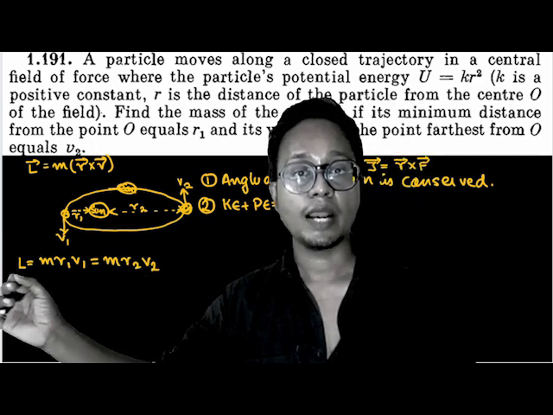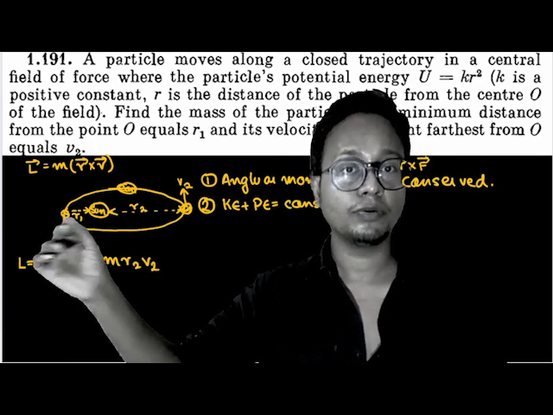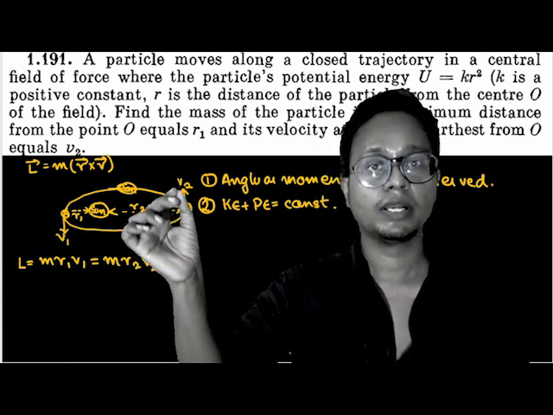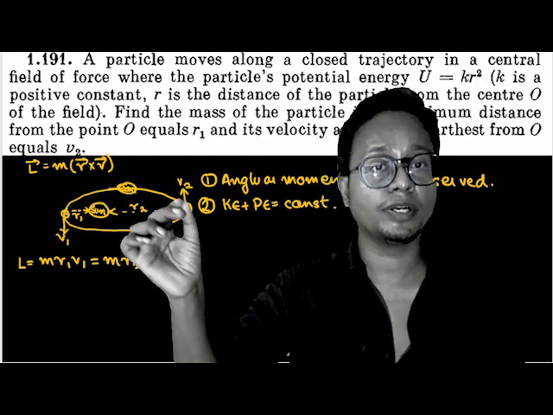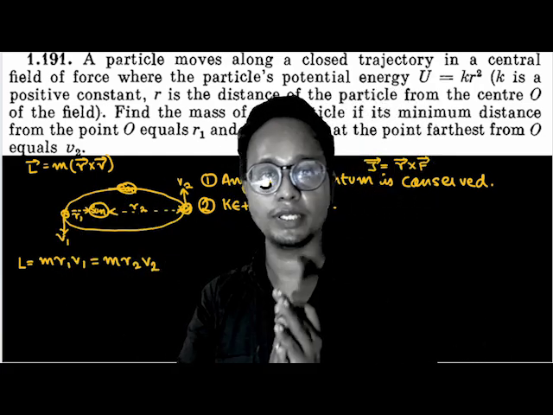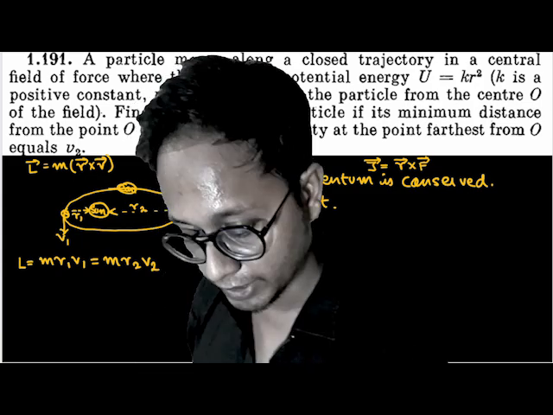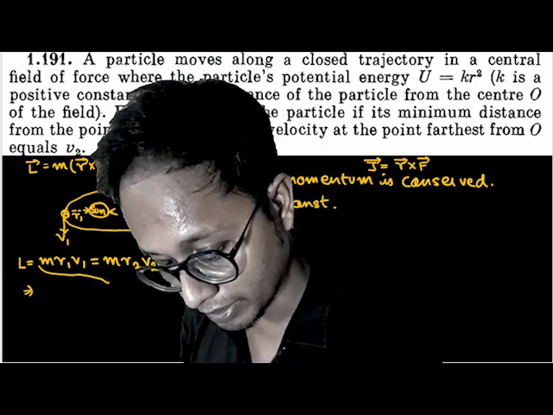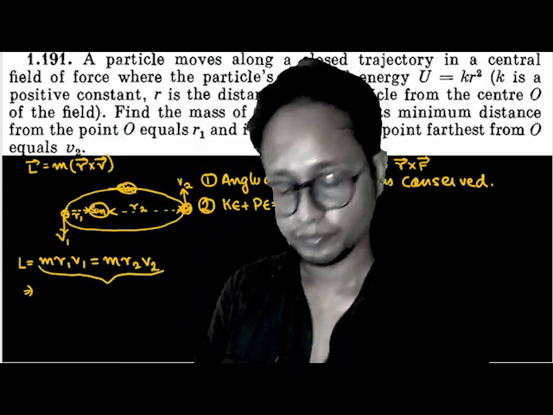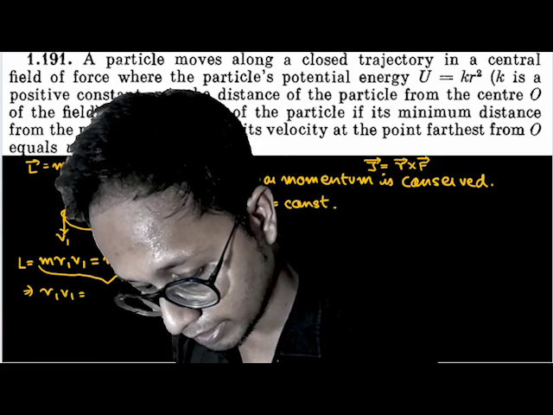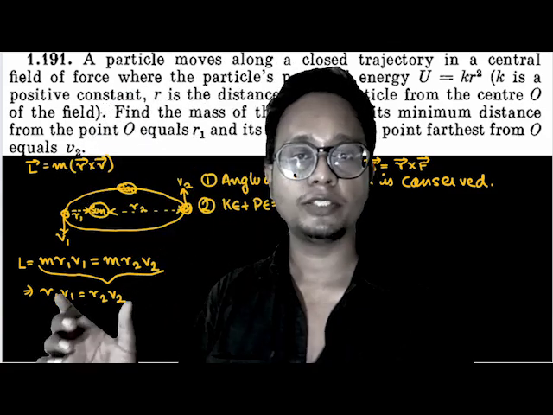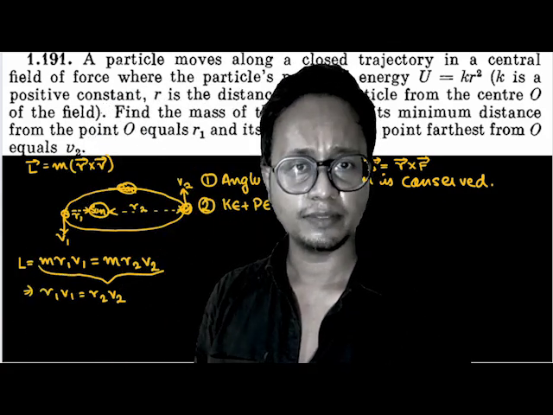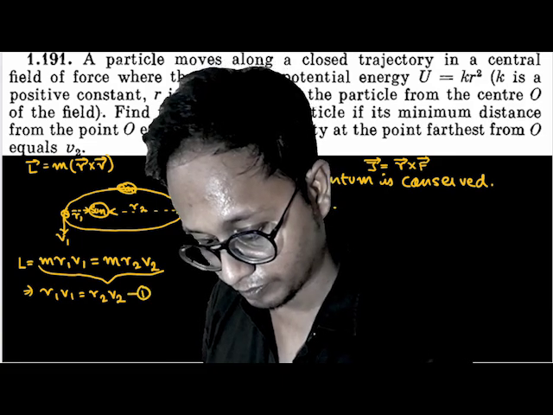All I'm saying is that the angular momentum of Earth out here is the same as out here, and throughout the entire orbit. So this is our first equation. If I take just these two parameters, can I say r1 v1 is equal to r2 v2? Cancel out the mass, isn't it?